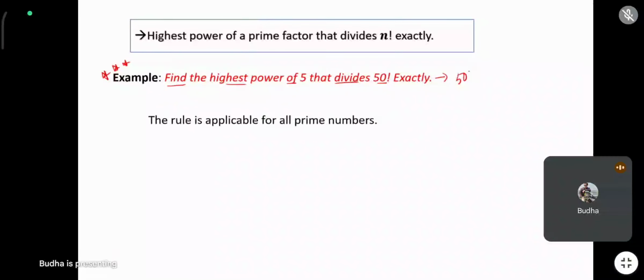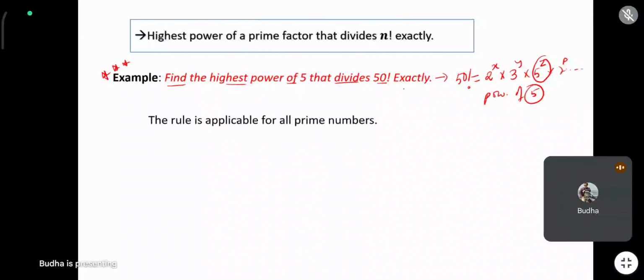When you express 50 factorial in terms of factors, it will have 2, it will have 3, what power, nobody knows, you'll have 5, you'll have 7, and so on. That means you need to identify the value of z here, means the power of 5. How do we solve this? Okay, how to find this power?